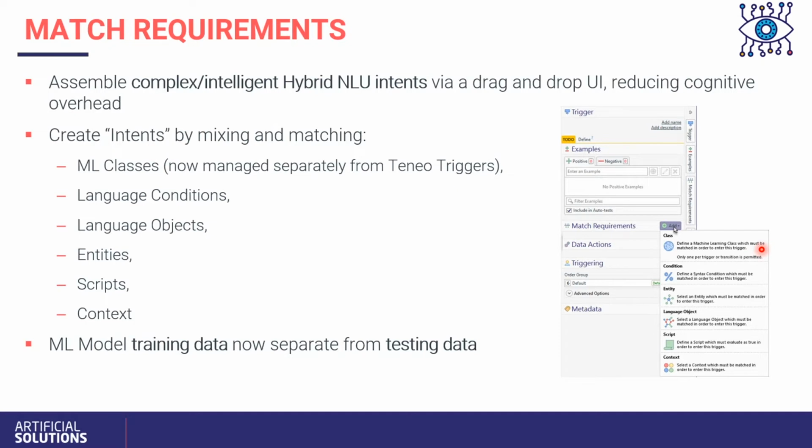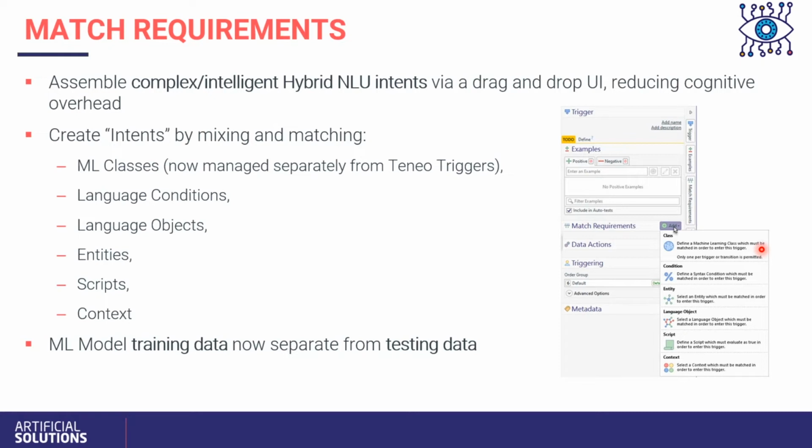Whenever you wanted to use a class, you had to add in a piece of data, and your class was instantiated and added into your machine learning model. It was the same data, the same examples that you would use to create the class, and afterwards use for testing when you were running your auto tests.